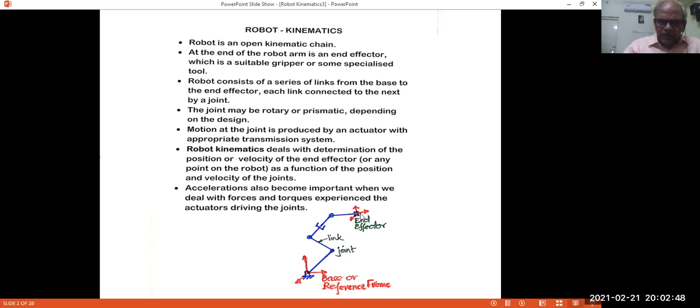Instead of a rigid object, we attach a frame to the end effector, and we talk about the orientation of the frame and the position of the origin of the frame. To describe it uniquely, that will need 6 degrees of freedom.